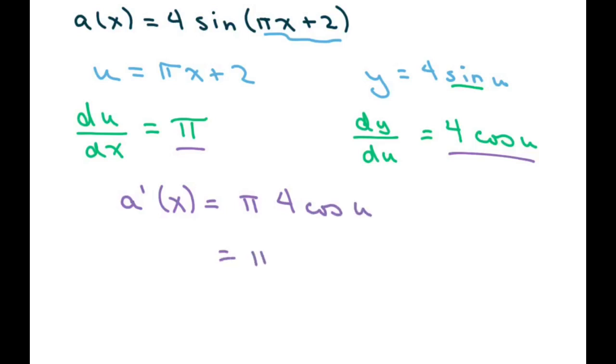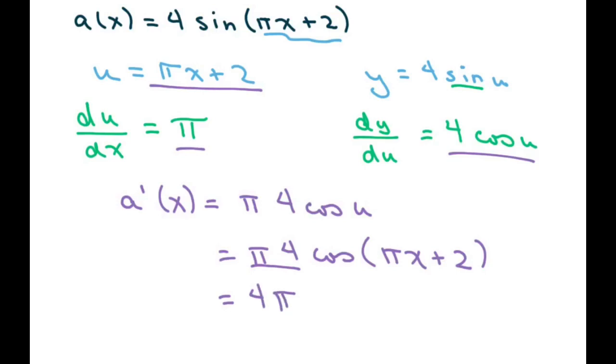And our u happens to be right here, which is pi times x plus 2. I don't like how that looks, so I'm going to go ahead and put the 4 pi cosine of pi x plus 2.